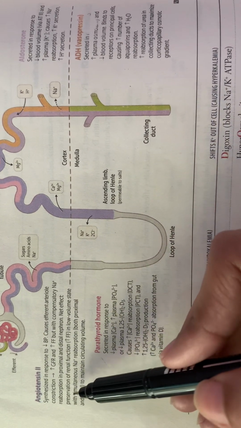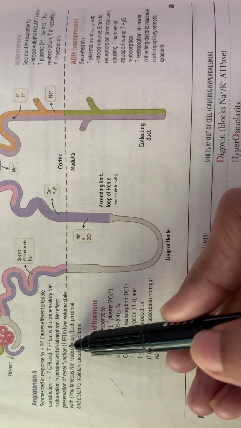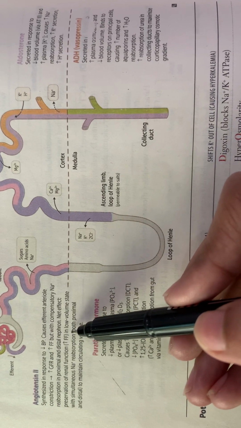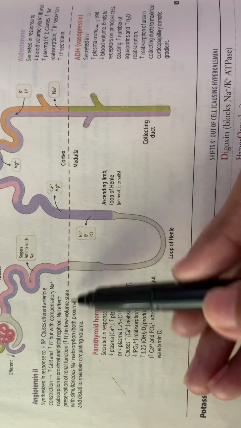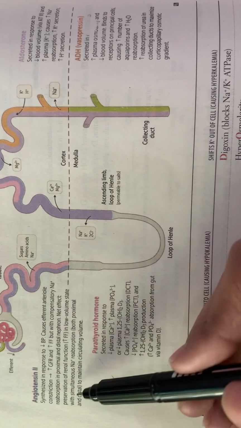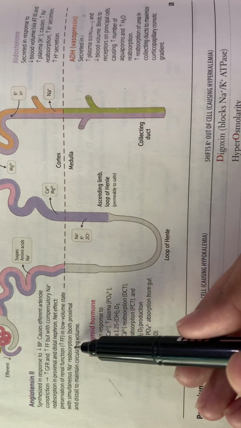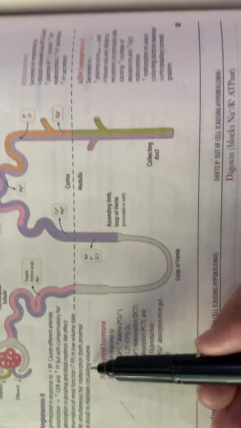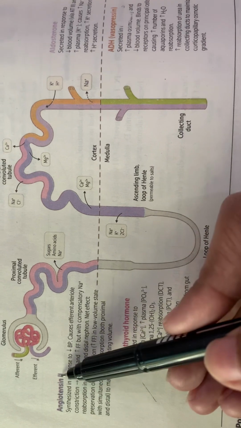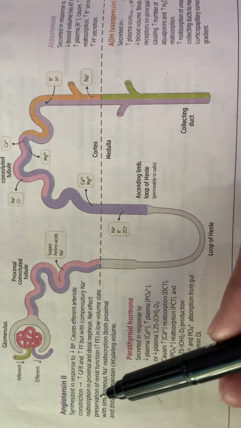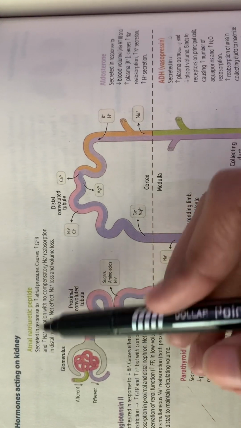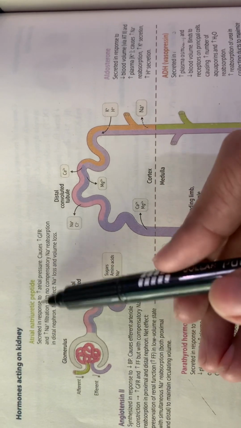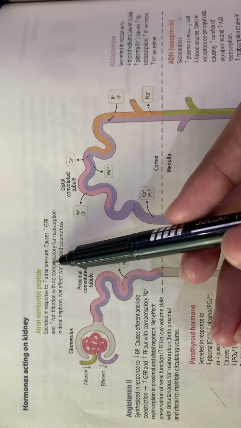So the net effect is preservation of renal function, that is, increased fluid filtration in a low volume state as the BP is decreased, with simultaneous sodium reabsorption in both the proximal and distal nephron to maintain circulating volume. Angiotensin II is activated when the blood pressure drops, while ANP is increased when blood pressure and atrial pressure increase.